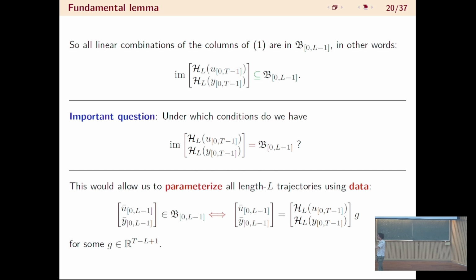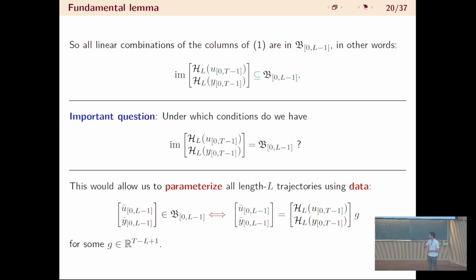U bar, Y bar is in this restricted behavior of the system if and only if U bar, Y bar is the Hankel matrix of the input-output data multiplied by some vector G, a real vector of size T minus L plus 1. But of course, the important question is, under which conditions do we actually have equality here? Because in general, only this inclusion holds.